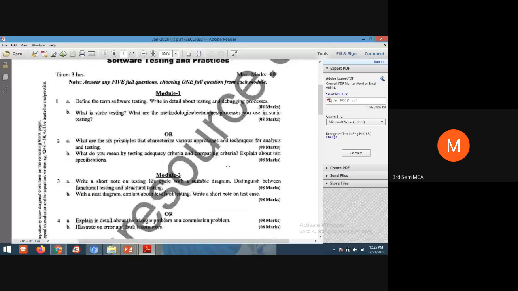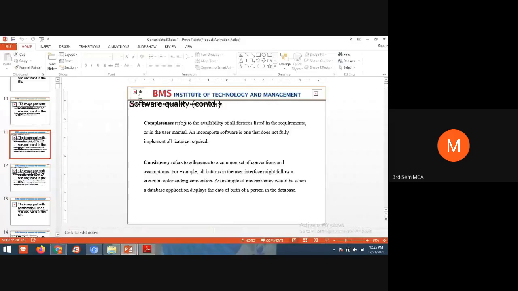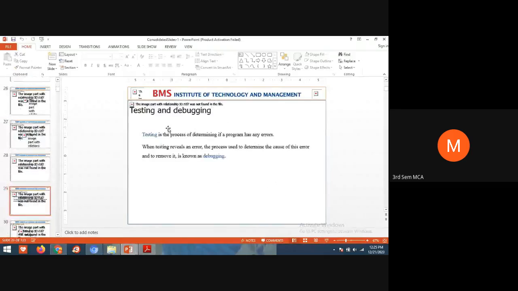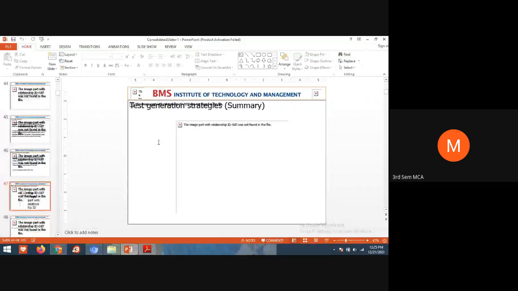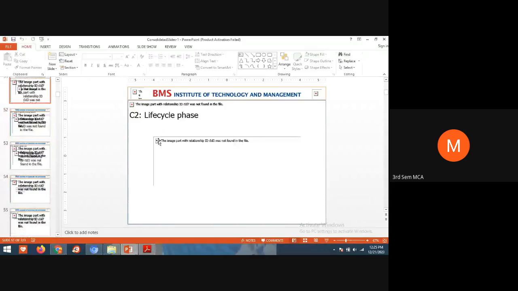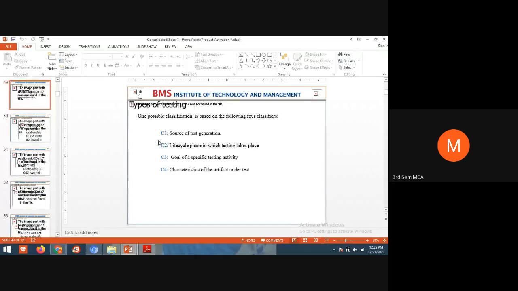Second question, 2A. What are the 6 principles that characterize various approaches and techniques for analysis and testing? What are the six approaches? Anybody? What are the 6 approaches, students?